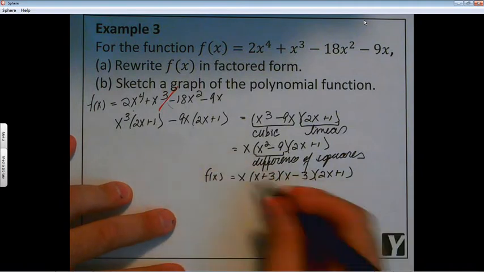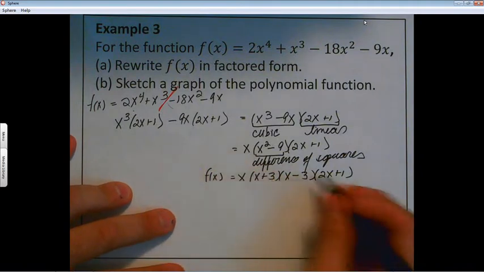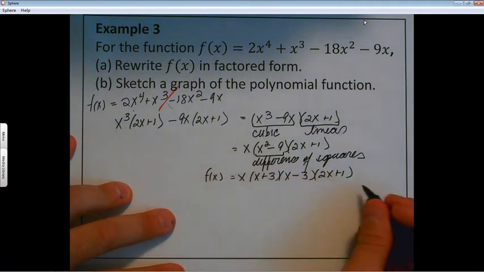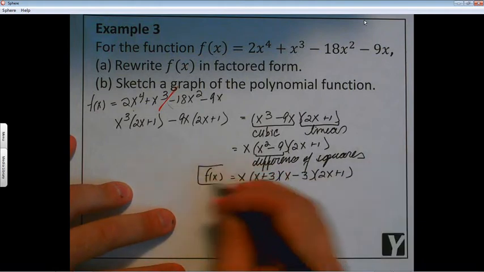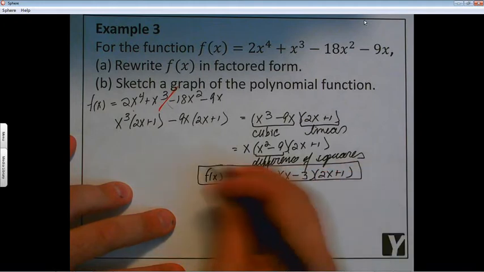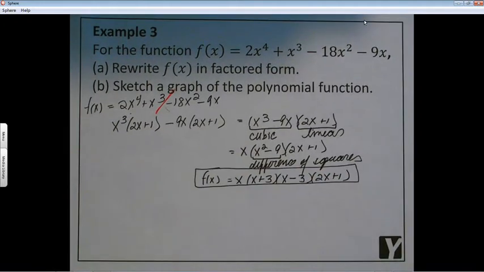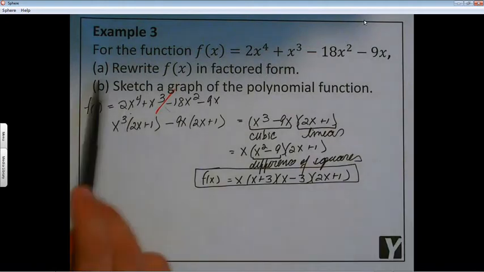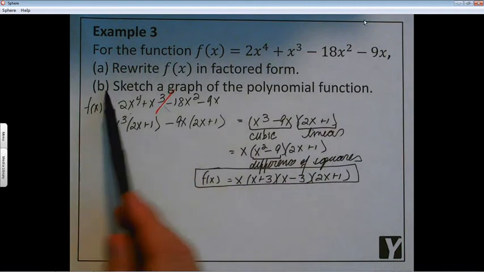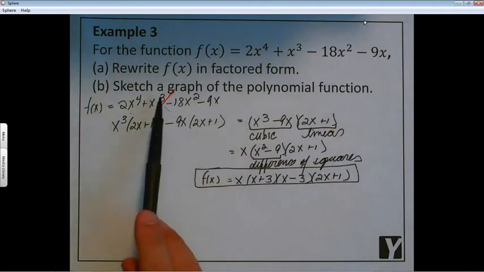Since it's a difference of squares, I can factor that as x plus 3 times x minus 3. So my original polynomial, f of x, can be rewritten as x times x plus 3 times x minus 3 times 2x plus 1. That's been written in factored form.